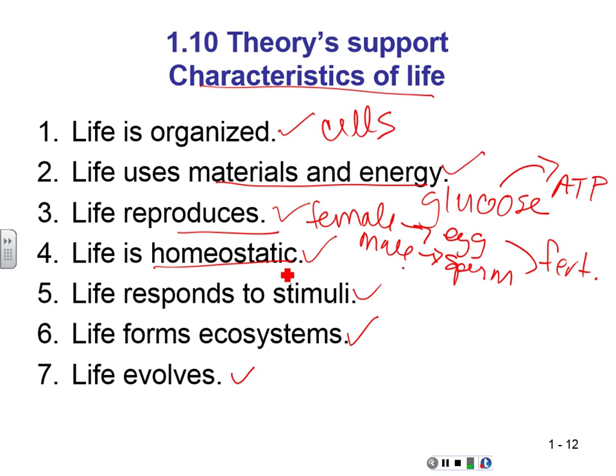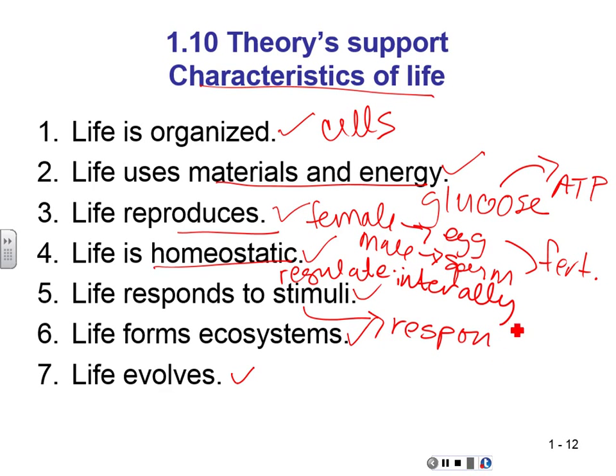Homeostasis, I talked a little earlier about some of the homeostatic events that happen within the body. But basically, we can regulate internally. Respond to stimuli. If you stick your hand in hot water, you're going to pull it out, right? You don't just leave your hand boiling in a pot of water. So we respond. We form ecosystems.